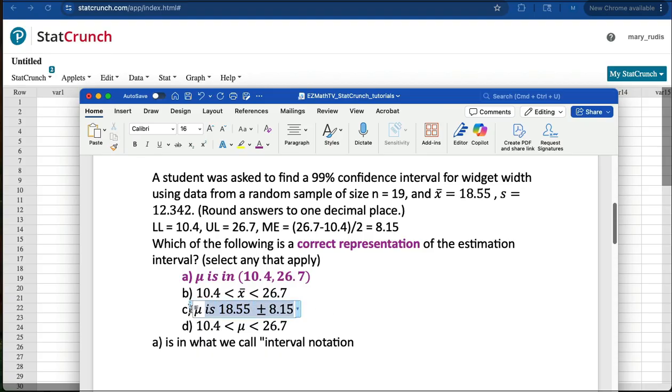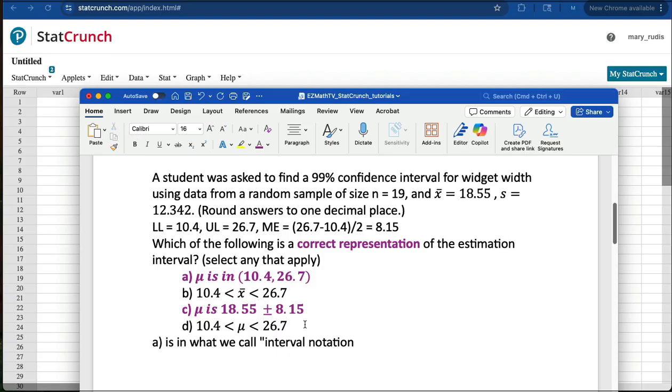So that is also a correct way of stating our confidence interval: x bar plus or minus your margin of error, and we're stating that mu is somewhere inside that interval.